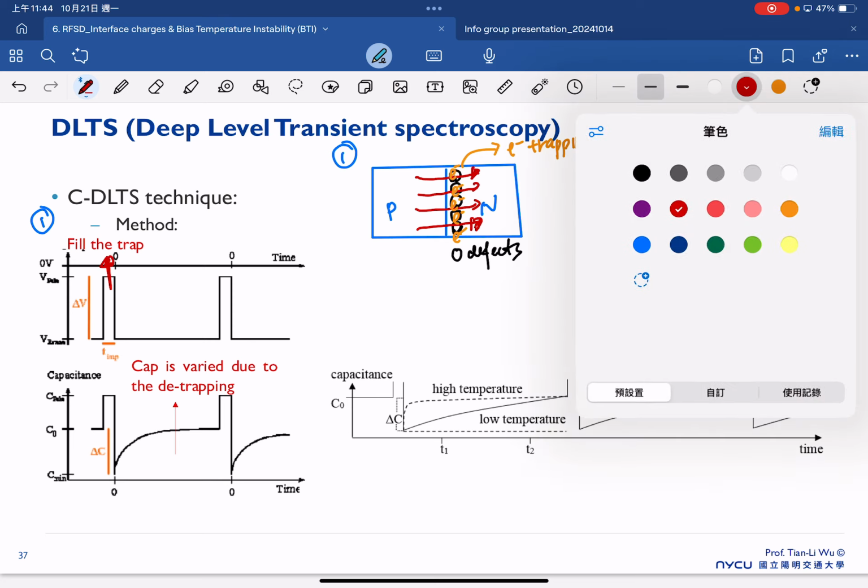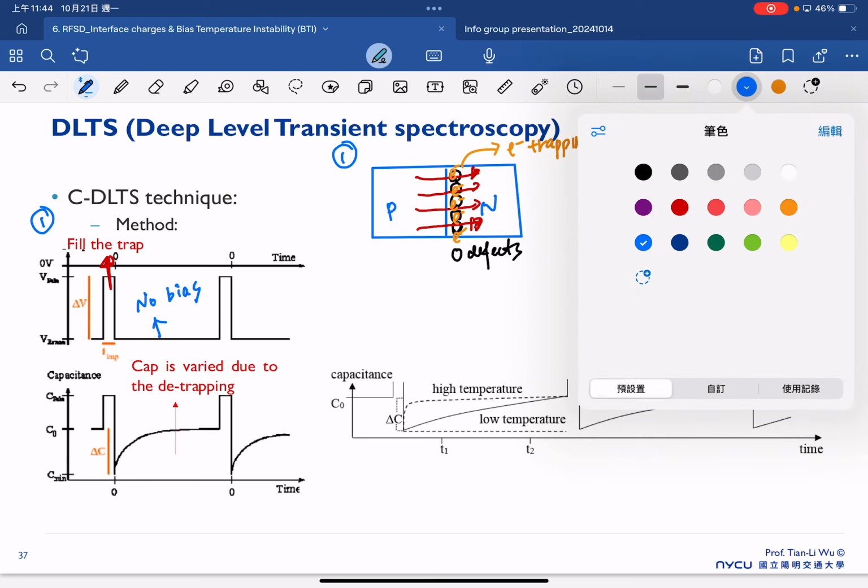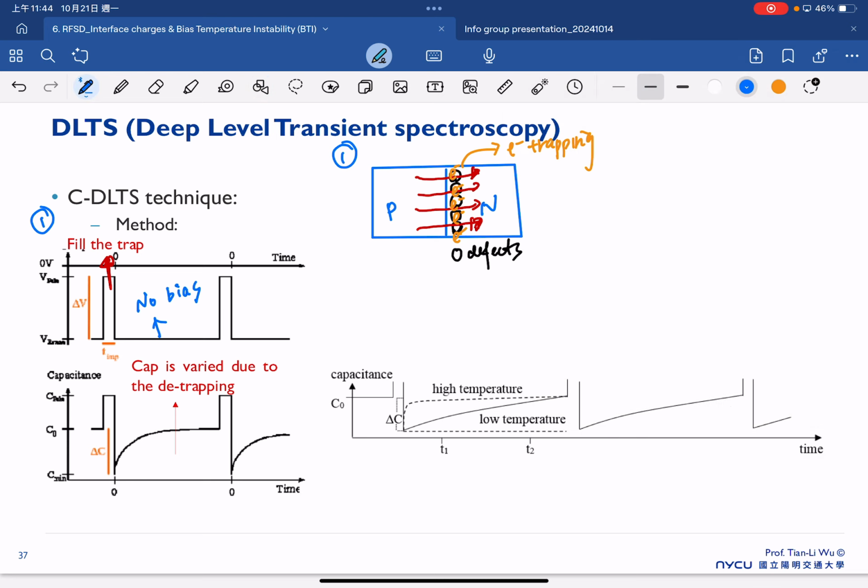And after the field trap, we start to move to the second phase, where we don't give the bias. This is the no bias region. So once we don't give the bias, we can expect our PN junction here, P and N. We all know we have the defects here, right?